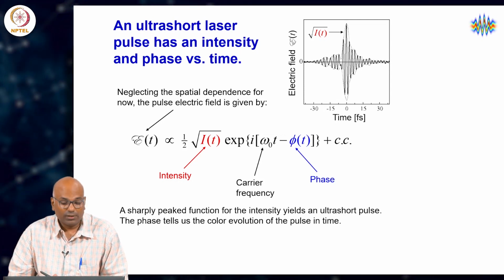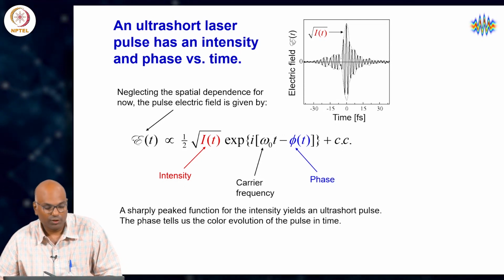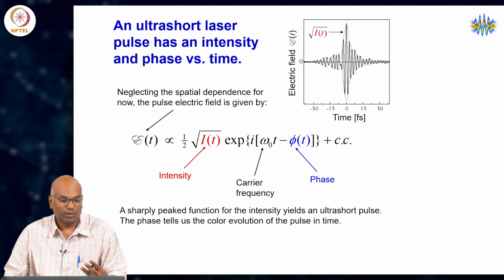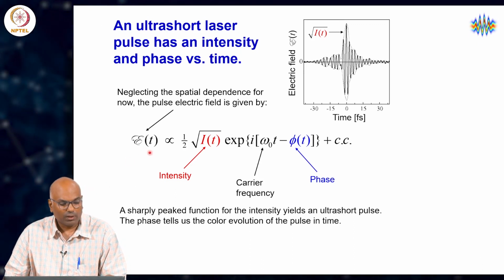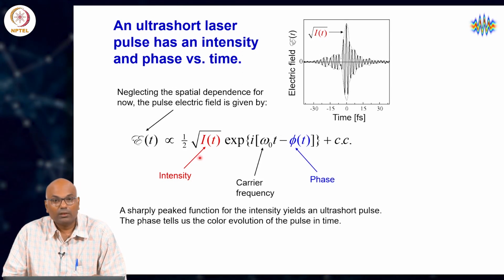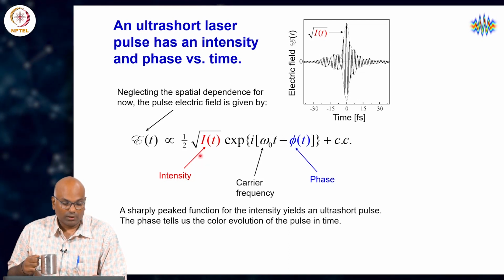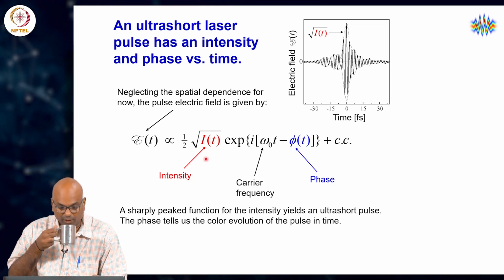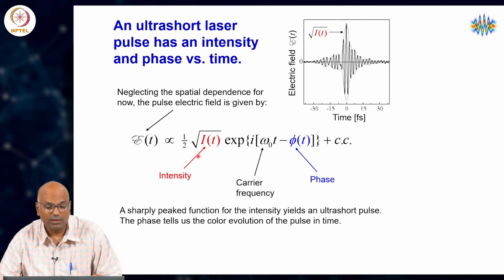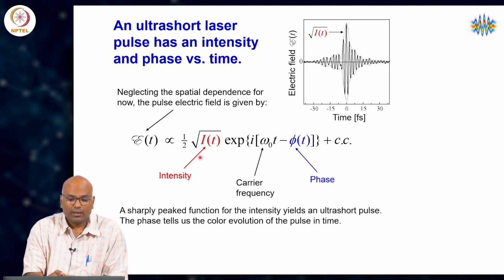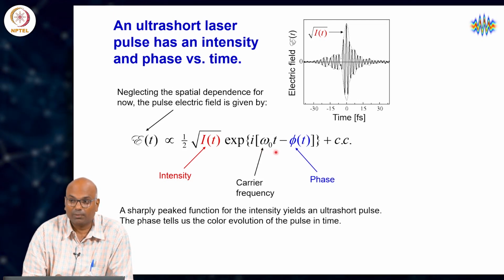The complete description of the pulse which is of interest to us here is essentially captured in this equation, where on the left hand side we have the real electric field, which is described completely in terms of a real amplitude function, which is the square root of I of t, where I is the intensity function, as well as the corresponding phase, which is phi of t, which is in the argument of the complex exponent.